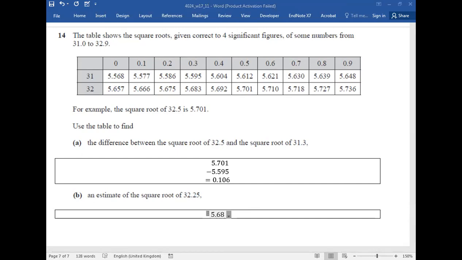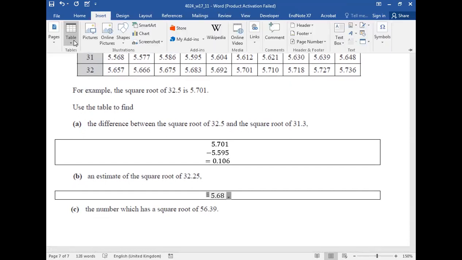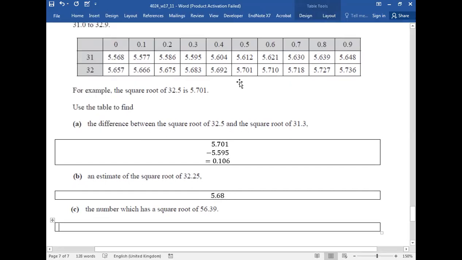So okay, 0.9 add 0.0. The number which has a square root of 56.39. The number which has a square root of 56.39.